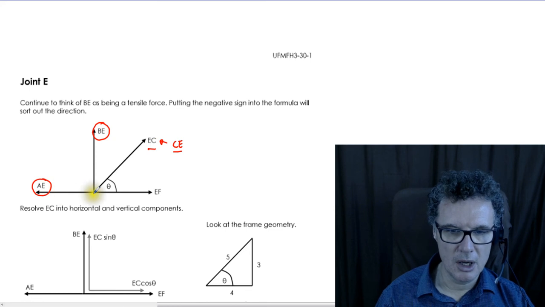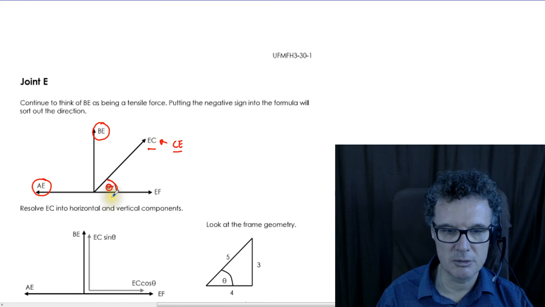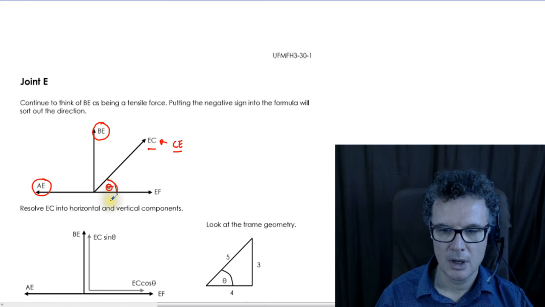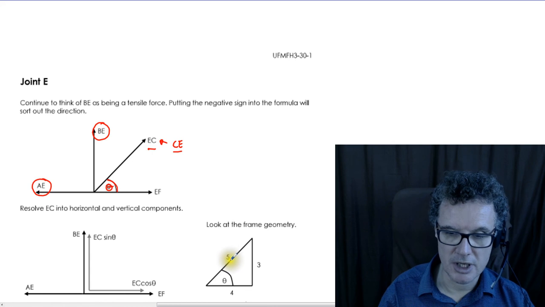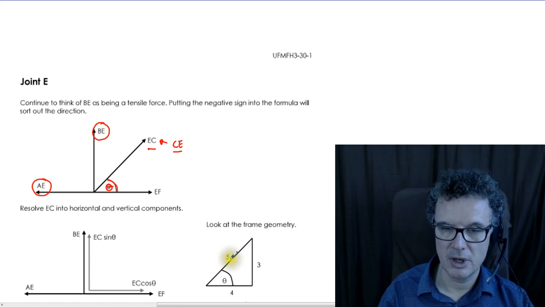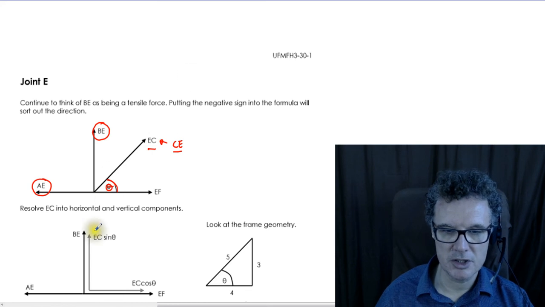Okay, so I name them, and then if there's any angles I can stick on my graph, I'm keeping theta consistent throughout my process. Good plan. Don't have to, but it's a good plan. And then that means each time I do my triangle, I'm going to get the same result for cos theta and for sine theta. So the next thing that you can see that you need to do is to split up the EC value into 2 components.